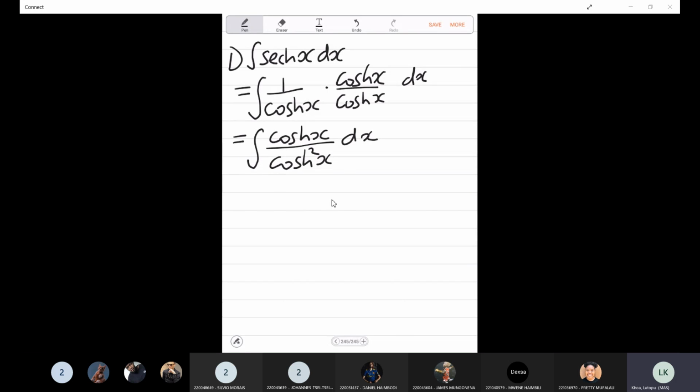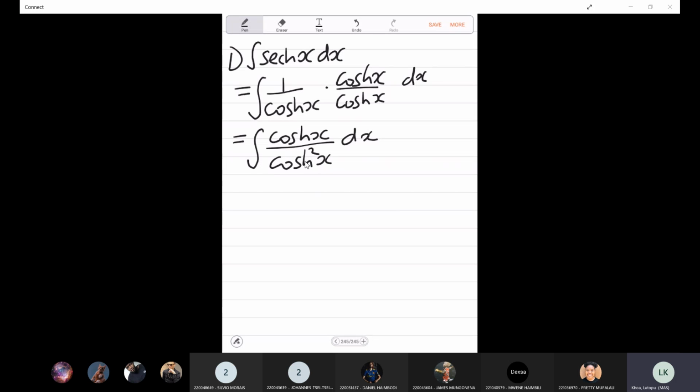Okay, and then the hyperbolic cos squared of x, we know that is equal to 1 plus the hyperbolic sine squared, because hyperbolic cos squared minus hyperbolic sine squared is equal to 1.